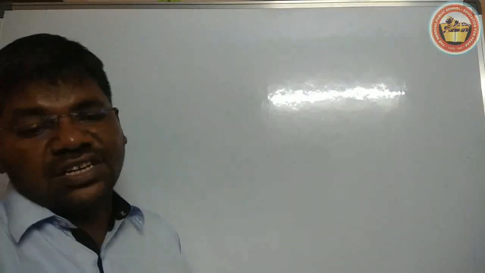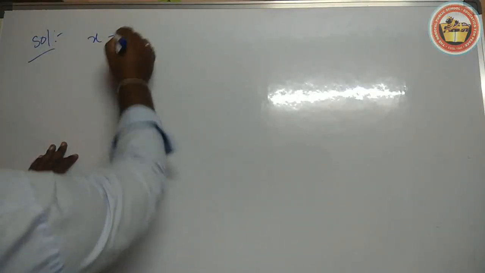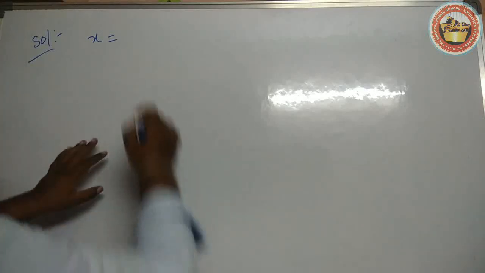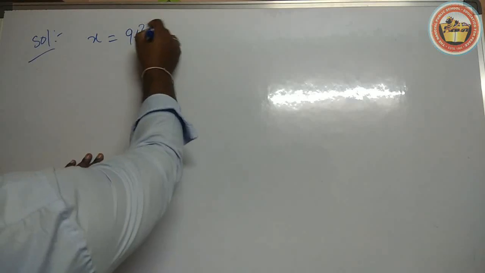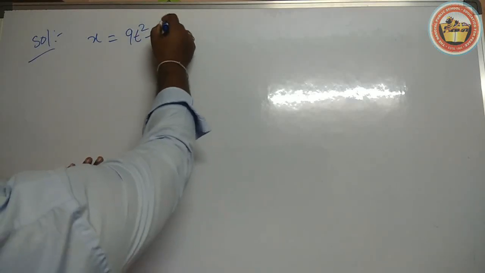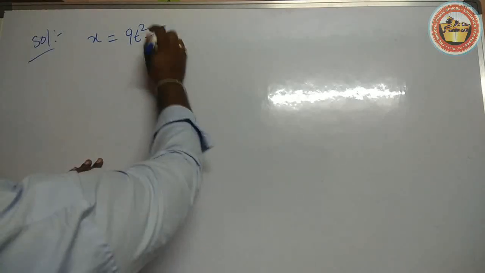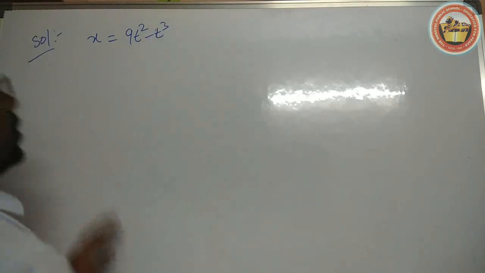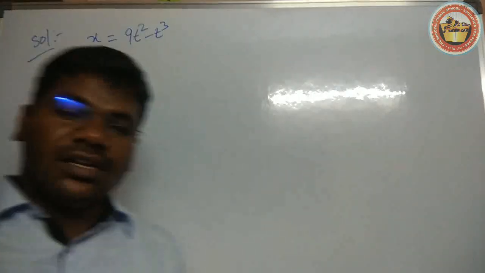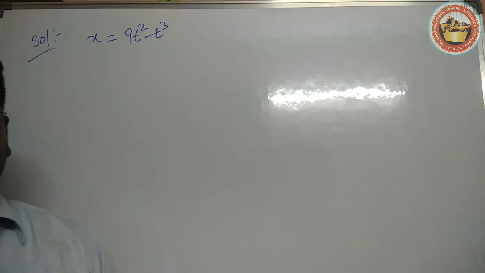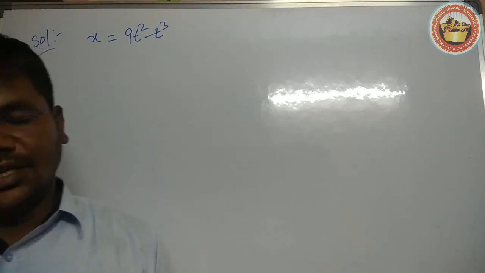Next problem. They have given the equation x equal to 9t square minus t cubed. They gave displacement x equal to 9t square minus t cubed.